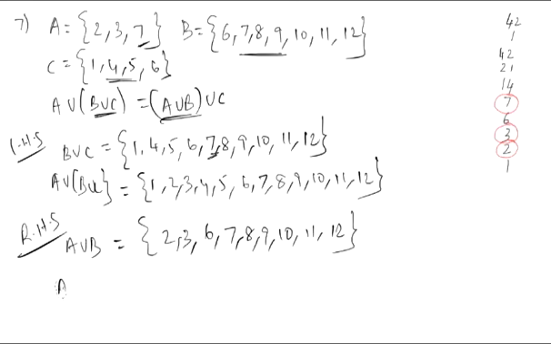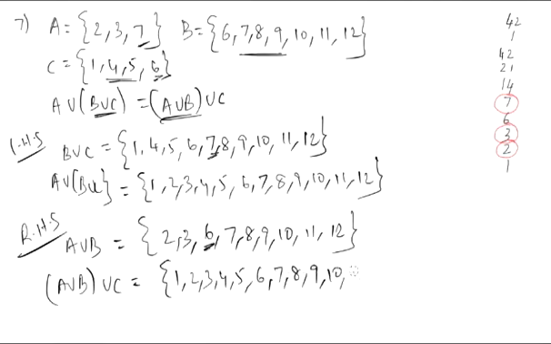Then A union B union C will be 1, 2, 3, 4, 5. Here 6 repeats, but you write it once, then 7, 8, 9, 10, 11, 12. Check these two. One and the same. Hence, proved. Done.